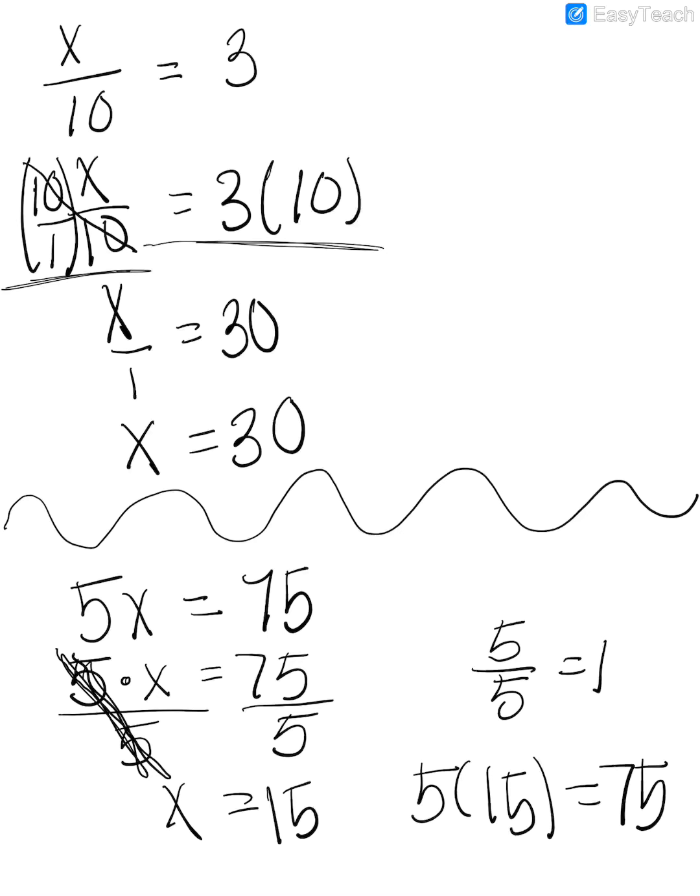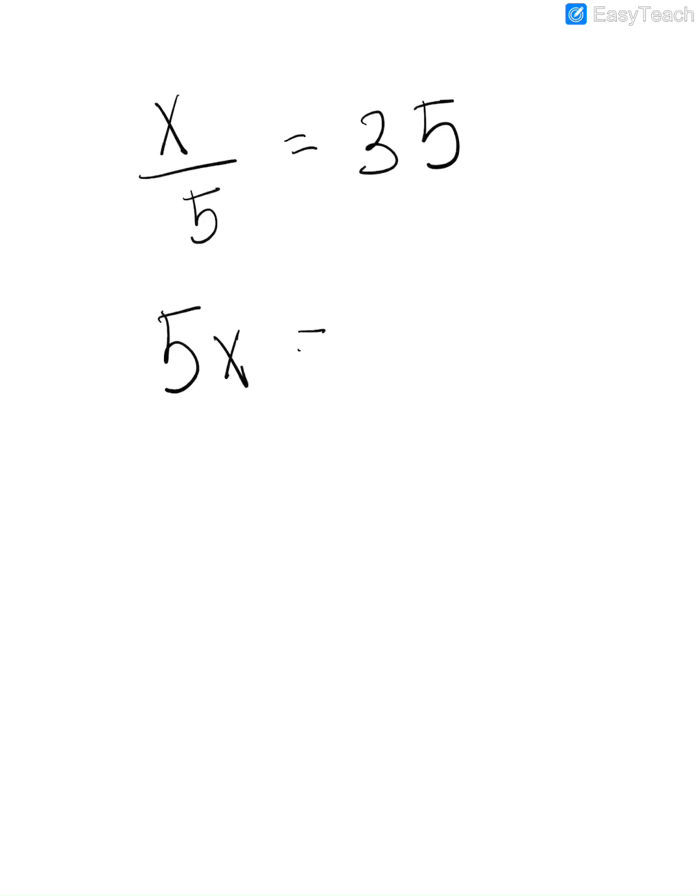So try your best on the IXL on solving one-step equations. When in doubt, just try this method. Something divided by 5 equals 35. Okay? Something times 5 equals 70.